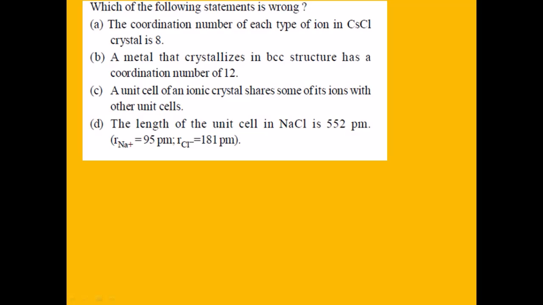Next question. Which of the following statements is wrong? The coordination number of each type of ion in CsCl is 8. The metal that crystallizes in BCC structure has coordination number 12. A unit cell of an ionic crystal shares some of its ions with other unit cells. The length of the unit cell of NaCl is 552 picometers.